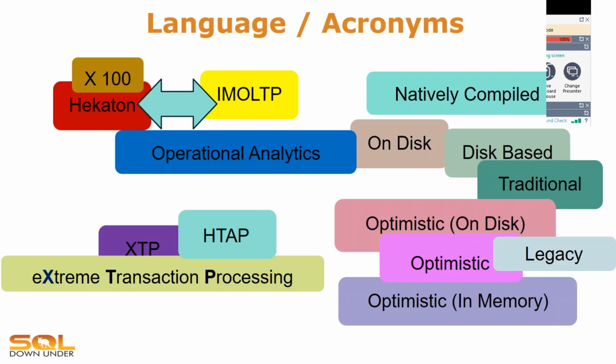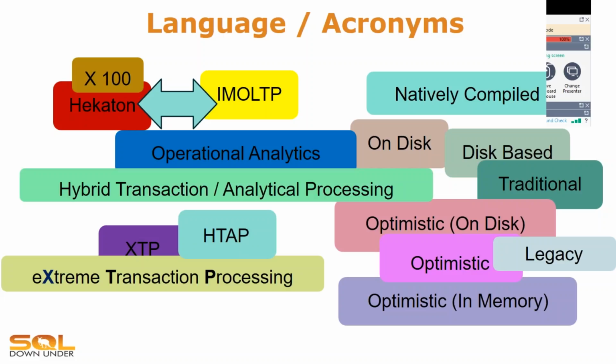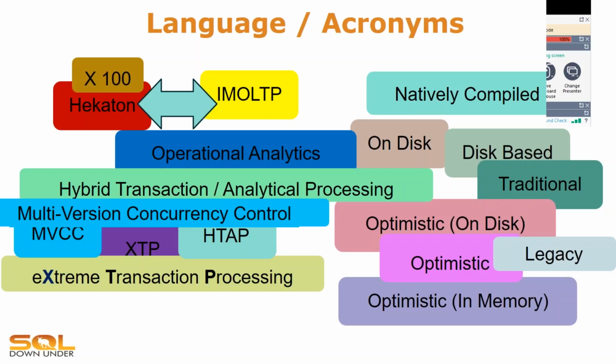HTAP, this is an acronym that I've only recently heard, and that stands for Hybrid Transactional Analytical Processing, which is very, very similar to operational analytics. MVCC, that's the name of basically the new model, multi-version concurrency control.